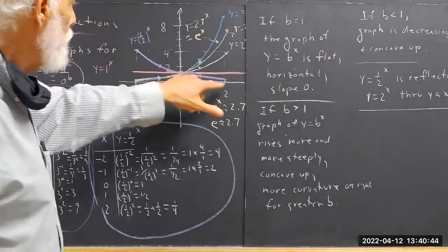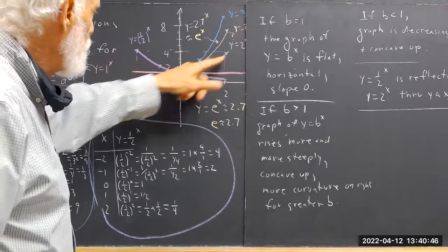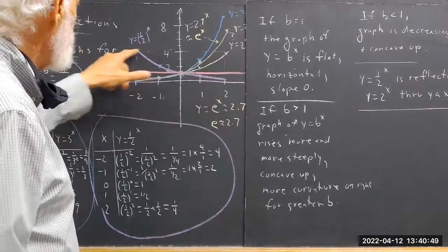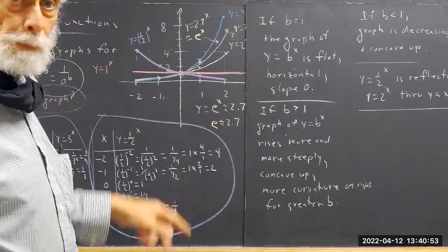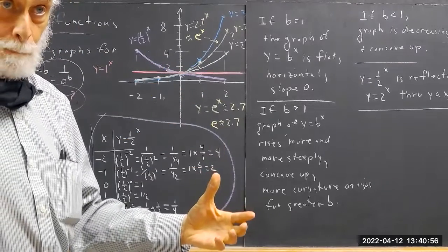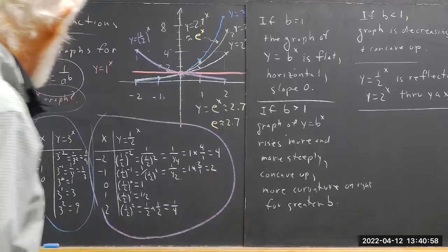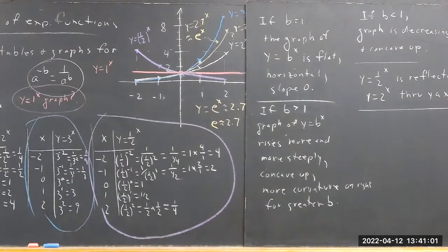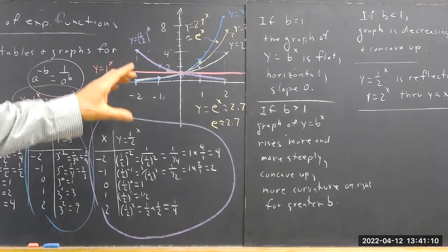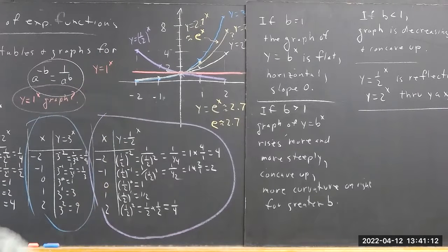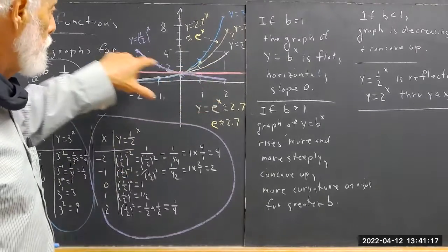Okay, here's your 1/2 to the x. Here's your 2 to the x. If you reflect this point through the y-axis, you get this point. Reflect this point through the y-axis, you get this point, and so forth. Okay. And that comes about because of this rule for negative exponents, and the rule for fractions, dividing by a fraction. Okay, so these rules go together to make this happen.